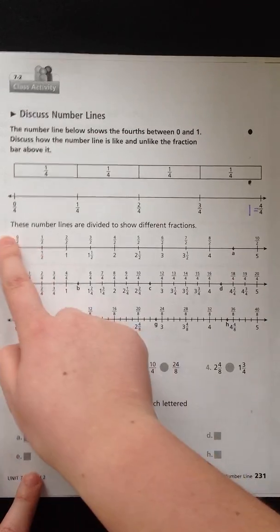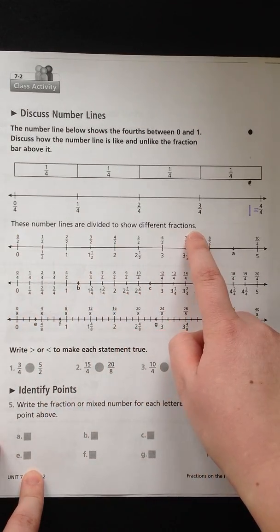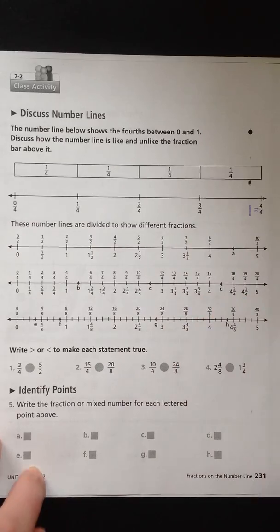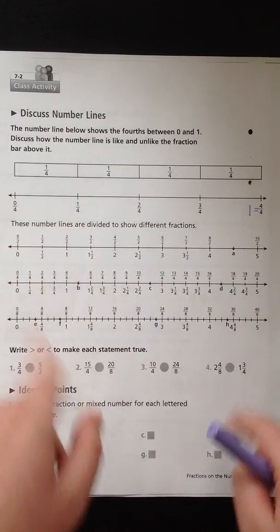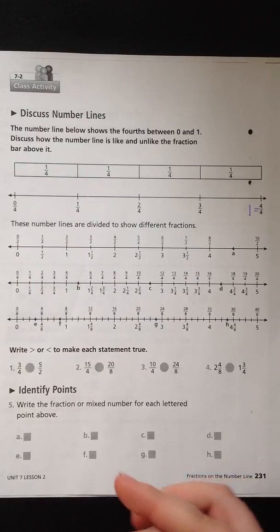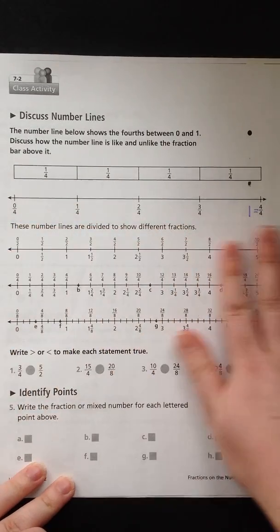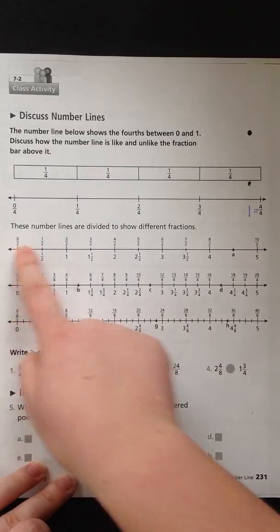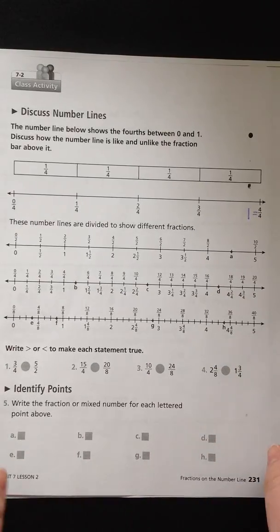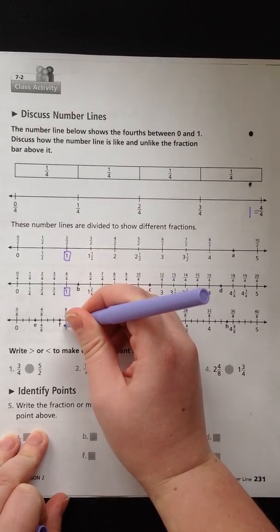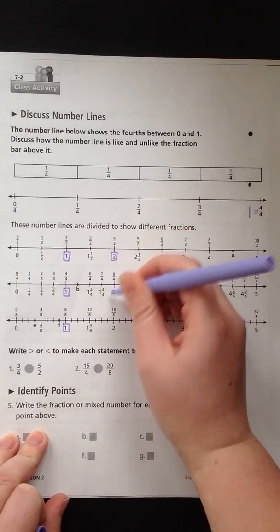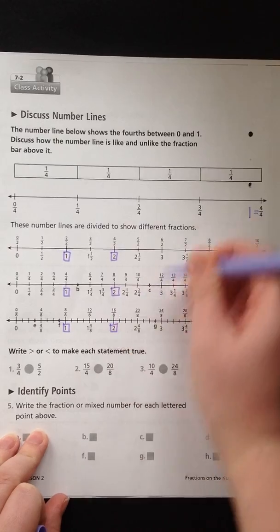So here we have some number lines that are divided to show different fractions. Now, I want you to notice that it looks overwhelming, but I promise once I explain it, you'll understand what's going on here. Each of these number lines are the same. What I mean by that is 1 is in the same spot on all of them, and so is 2, and so on.